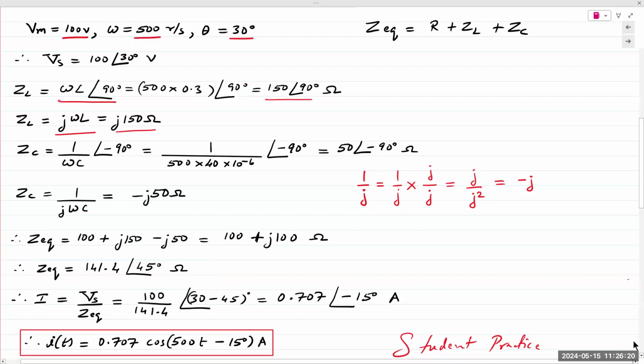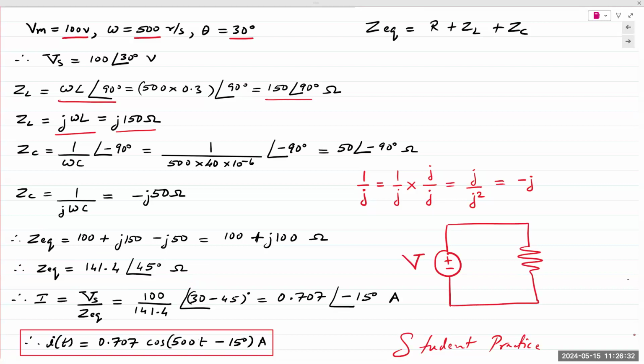Okay, so now I have ZEQ. My circuit looks like this at this point. I have voltage source Vs applied to ZEQ and current I flowing through it.